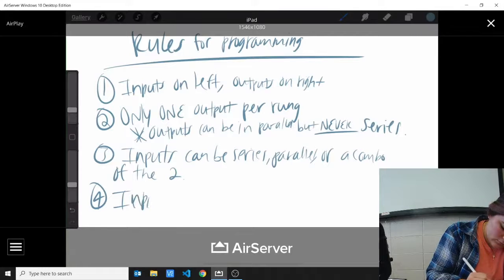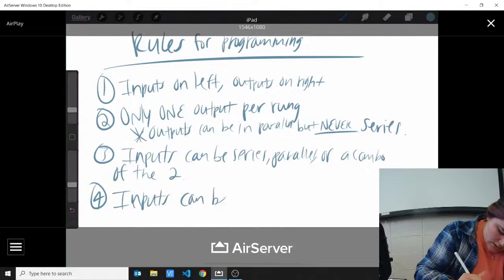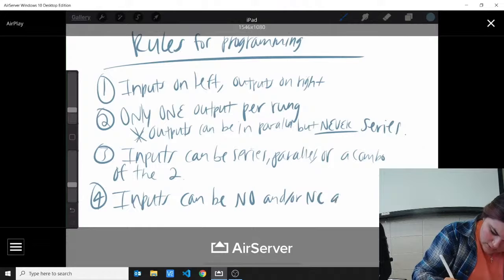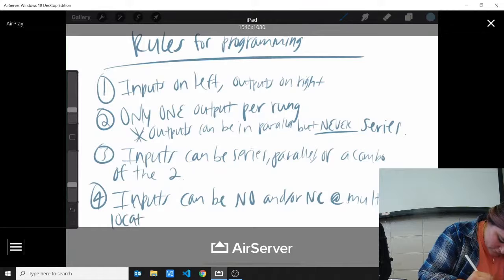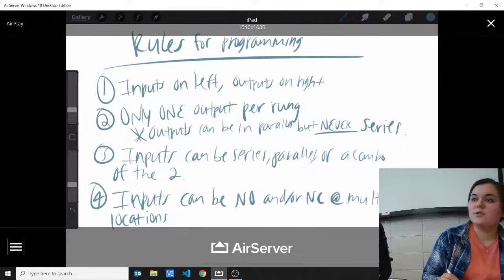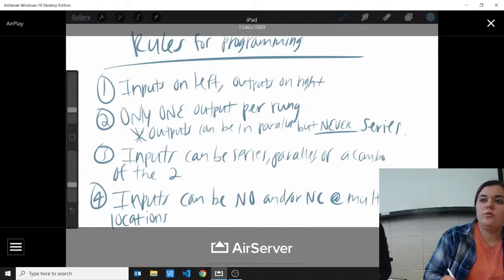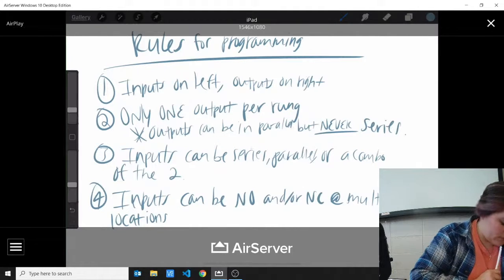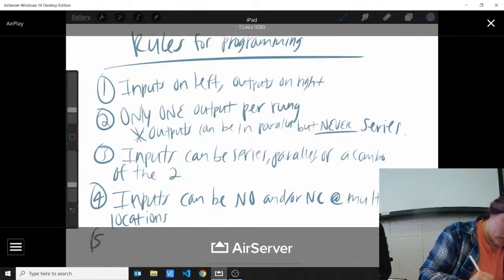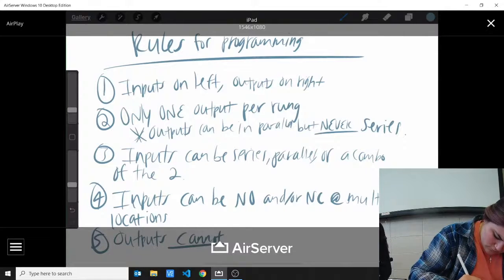Depending on the application that you're running, they could be normally open, normally closed, or a combination of both. It's really cool. And then rule number 5, standard outputs cannot be programmed at multiple locations in the circuit. So outputs cannot be at multiple locations.